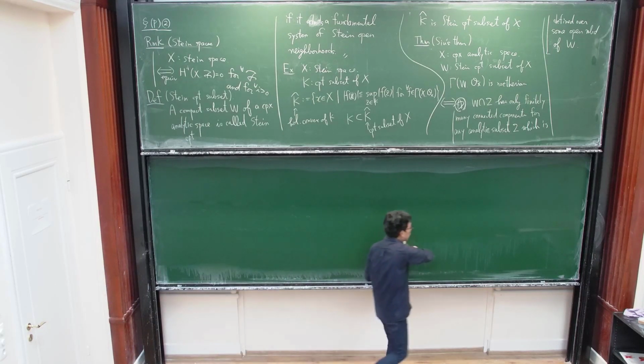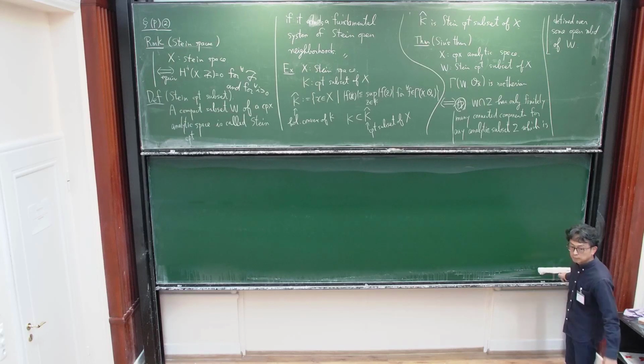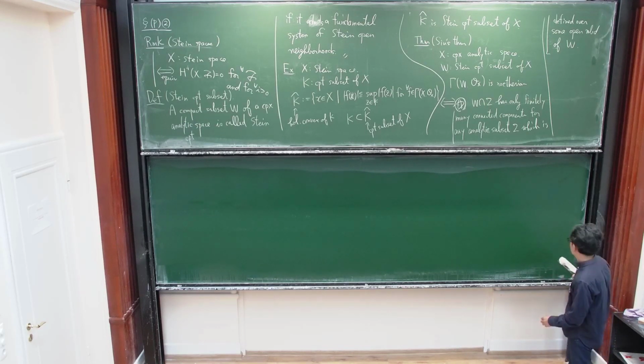Is there a simple example of a Stein compact set for which this fails? This Noetherianness fails?